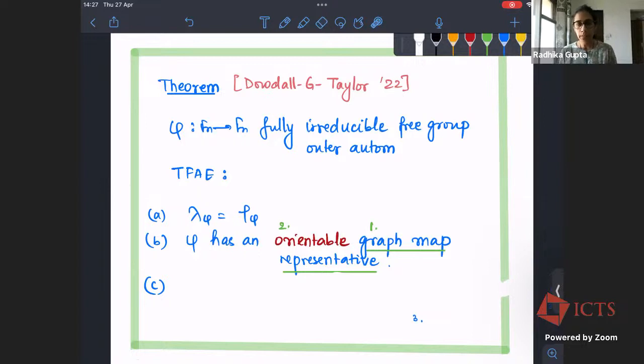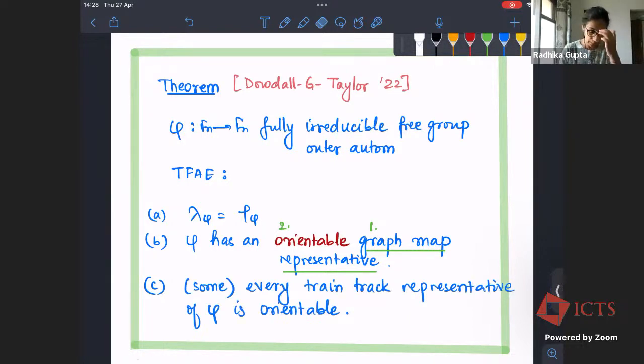So I have to tell you what a graph map representative of an automorphism is, and what it means for it to be orientable. That will be the rest of the talk. I'll also show you the last statement, but I'm not really going to talk about it. There are special graph map representatives called train track representatives, which are the good ones. The example I showed you was actually a train track representative, but we'll not talk too much about these.